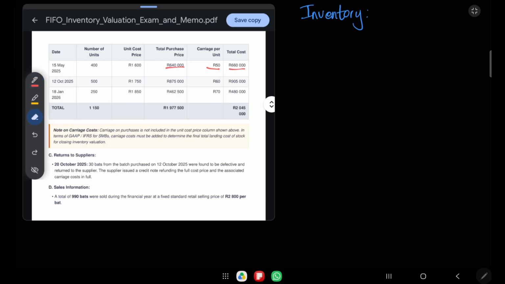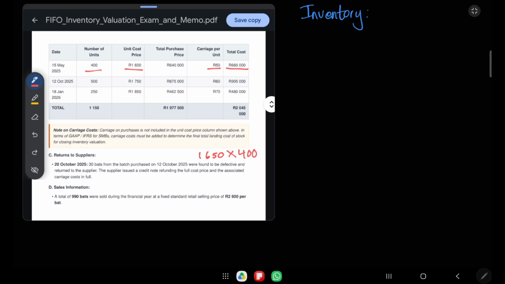So let's try, since we have our cost price here as well as our carriage, 1,600 plus 50. That is 1,650. Now 1,650 times our units, 1,650 times 400, is 660,000.